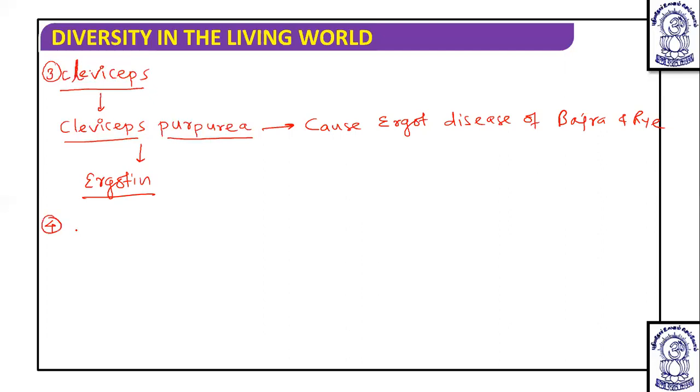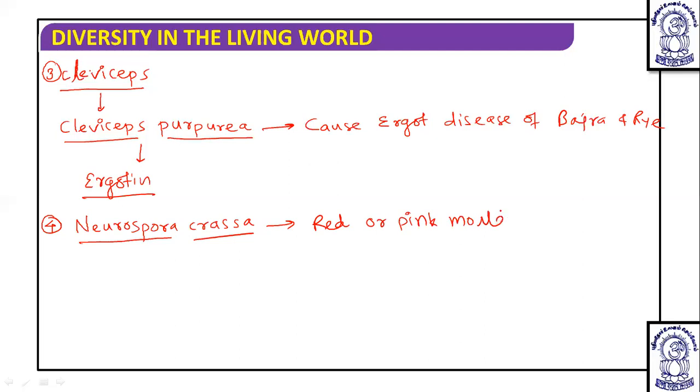Then next we talk about the fourth example, that is Neurospora crassa. When we talk about Neurospora crassa, it is known as a red or pink mold.